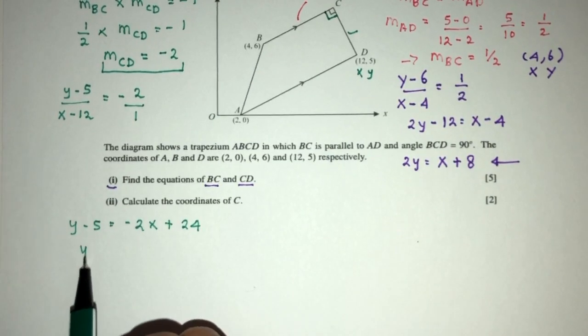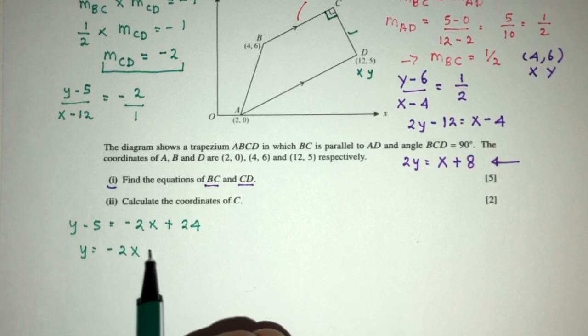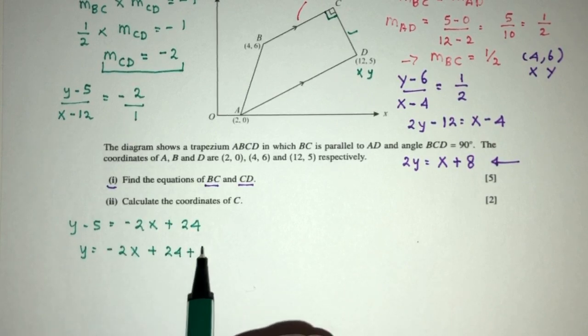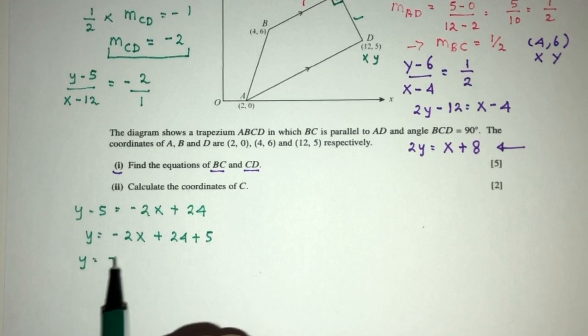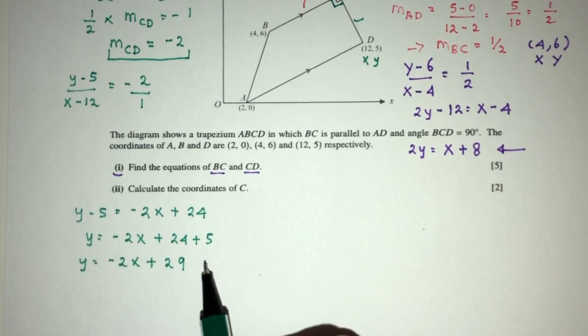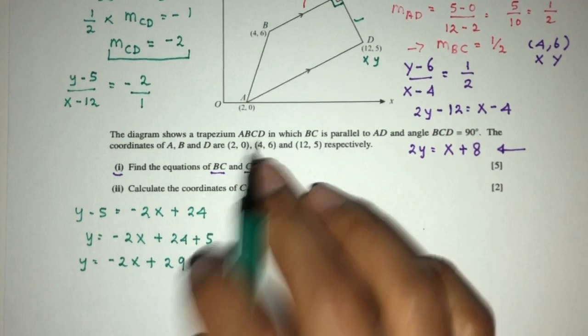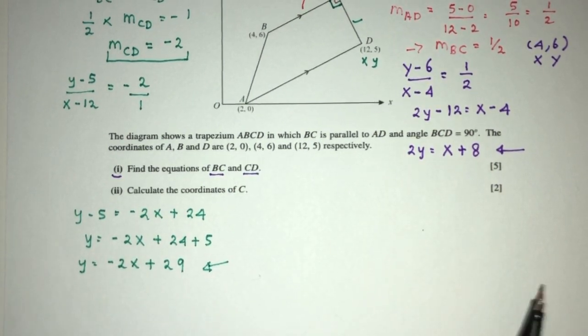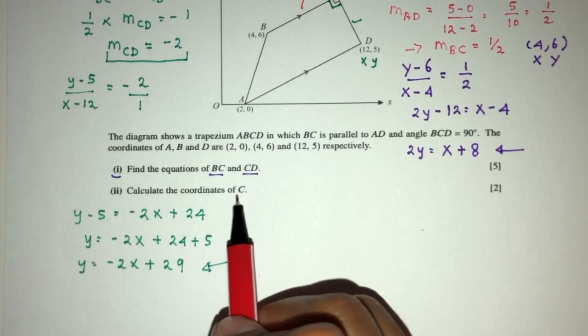Now, y will be minus 2x plus 24 plus 5, and that will be minus 2x plus 29. So this will be my equation for the line of CD. Part 1 done. Now part 2, we have to find the coordinates of the point C.